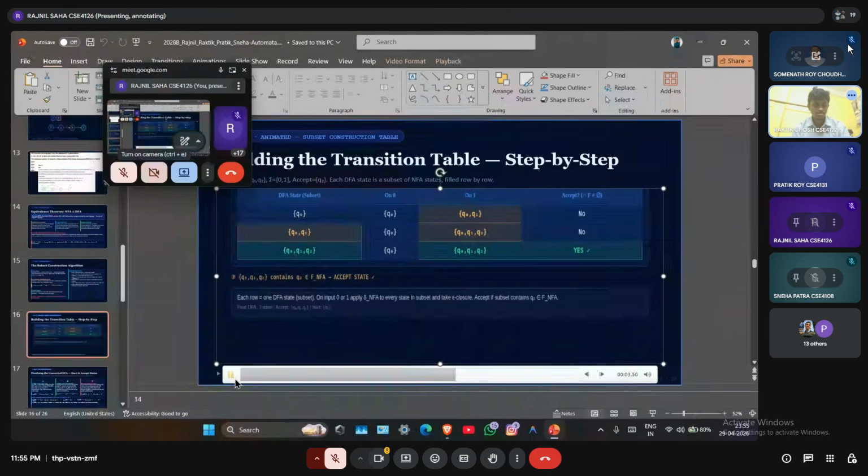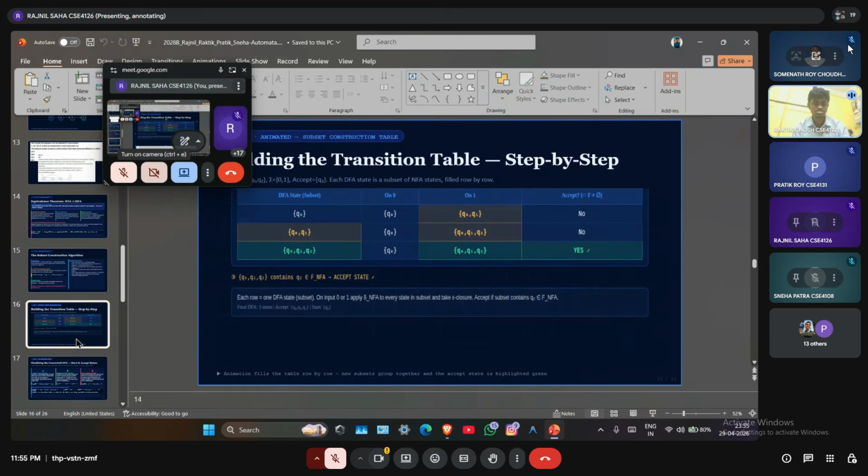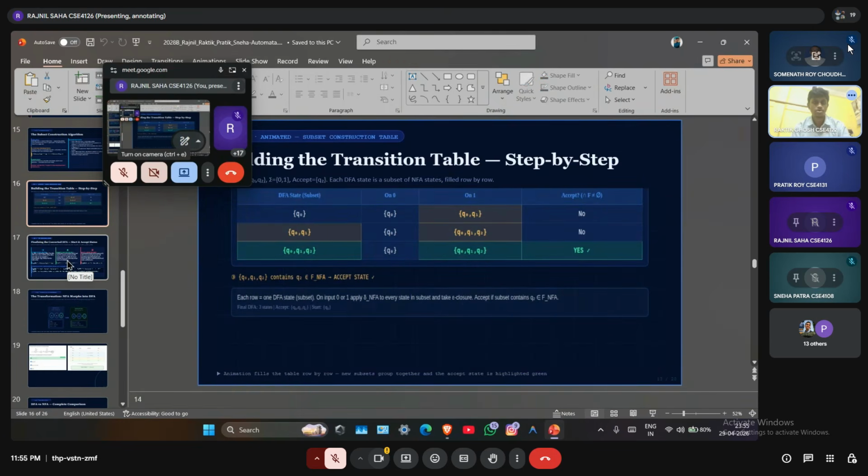Slide 16. Building the transition table. This slide walks through the subset construction step by step on a concrete example. Our NFA has states Q0, Q1, Q2, an alphabet of 0 and 1, and Q2 as the accept state. The animation fills the DFA transition table row by row. Each row corresponds to a DFA state, which is a subset of NFA states.